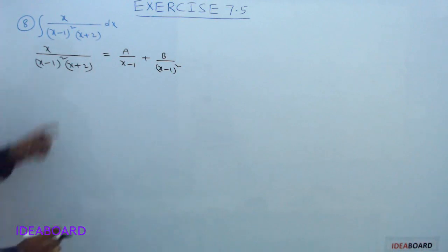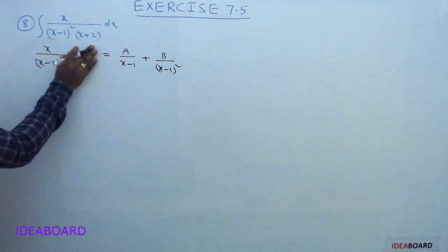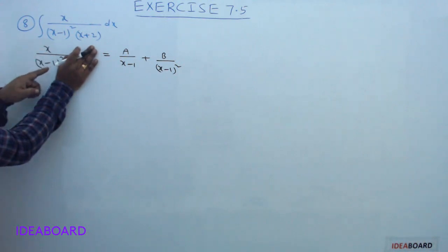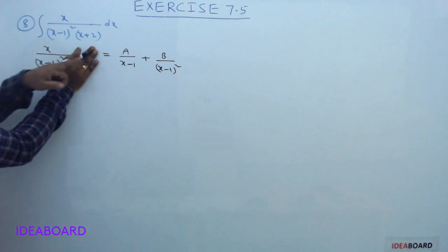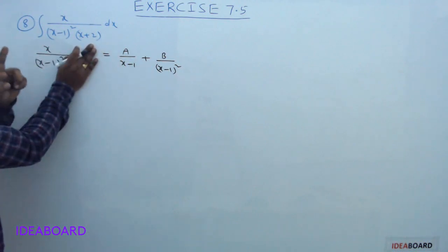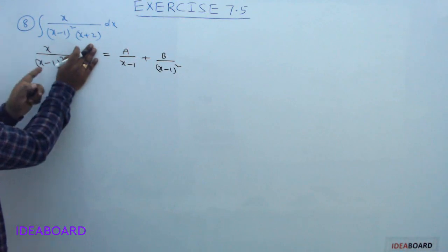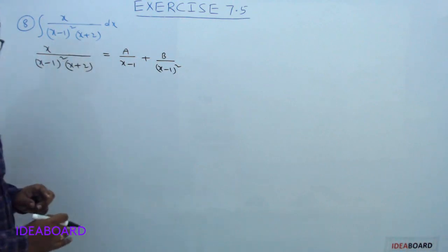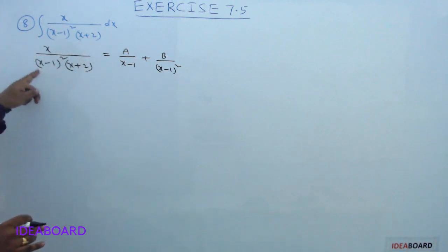See, if you close this non-repeated linear factor, then it will be exclusively type 2. So in type 2, how to resolve this fraction into partial fractions? a divided by x minus 1 plus b divided by x minus 1 whole square. Then this part is over.